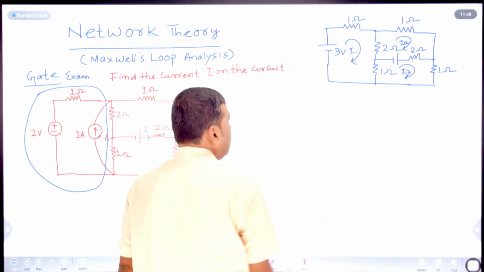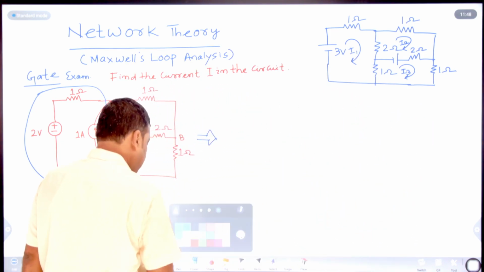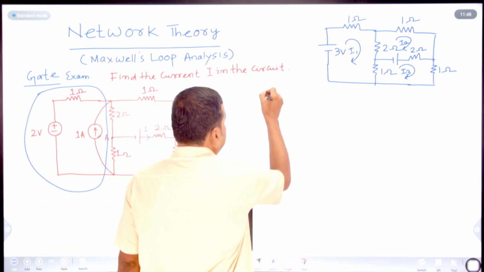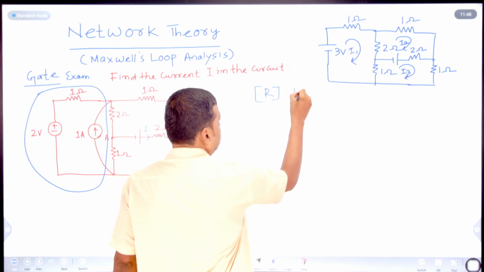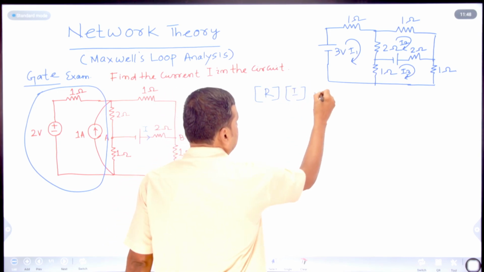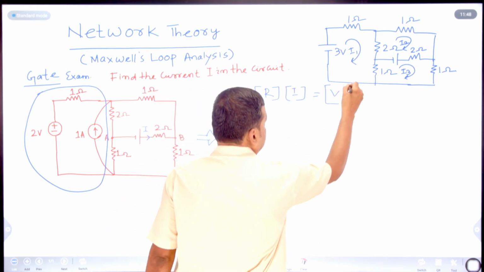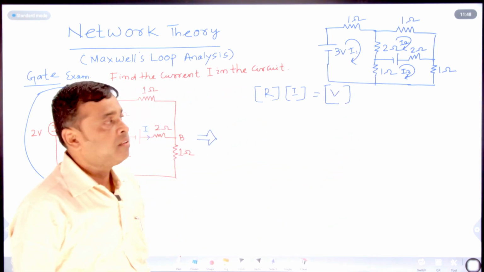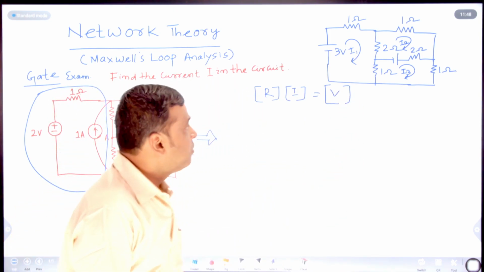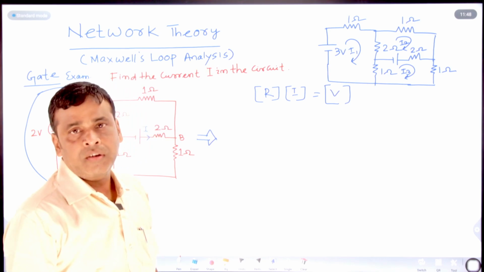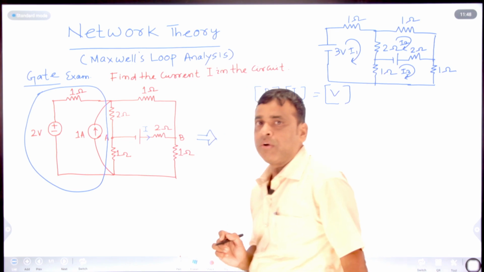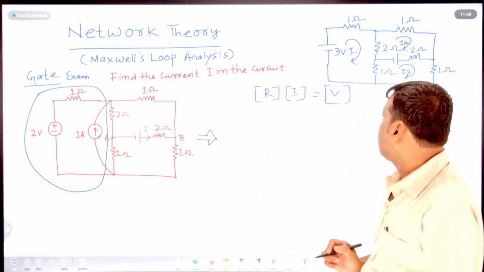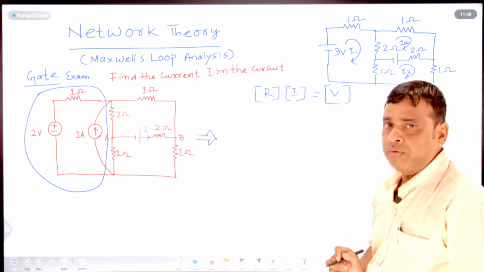In Maxwell's loop analysis, already you know the resistance matrix into current matrix is your voltage matrix. Since it is a three loop circuit, there is a 3 by 3 resistance matrix: R11, R12, R13, R21, R22, R23, R31, R32, R33.